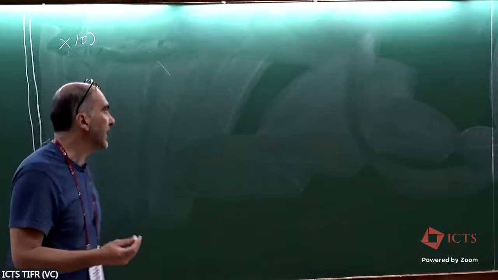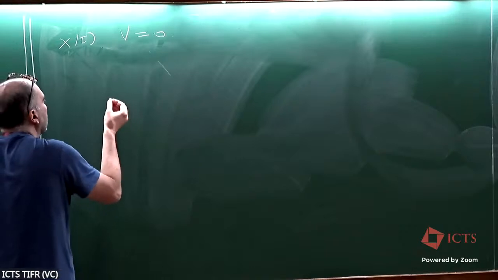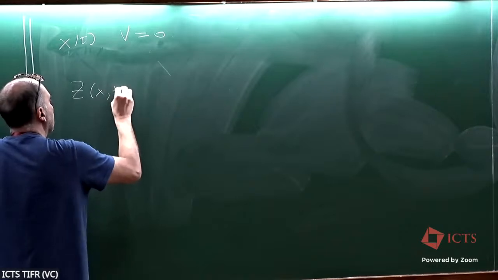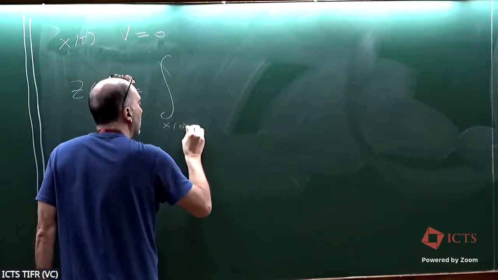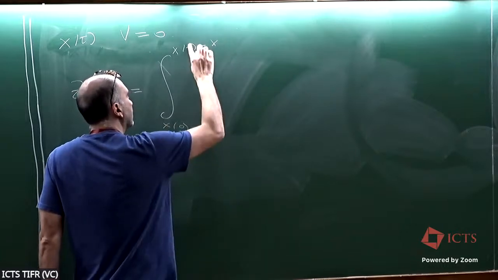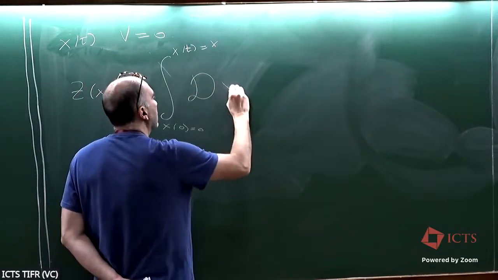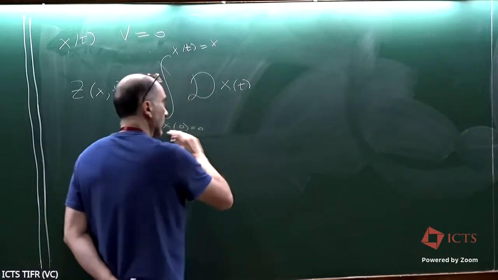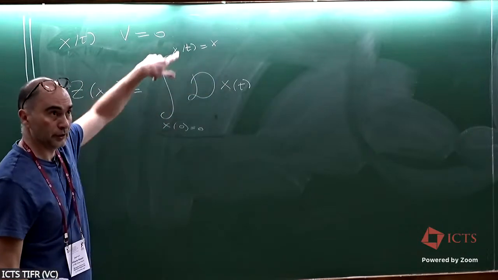So in the free case, when v equals 0, we want to say that the partition function Z(x,t) will be the integral over all possible paths that start from 0 and end up in x at time t. And then we want to sum all of them. When you are in the continuum, to say sum over all paths, you put this integral. So this integral means sum over all paths, with this condition.